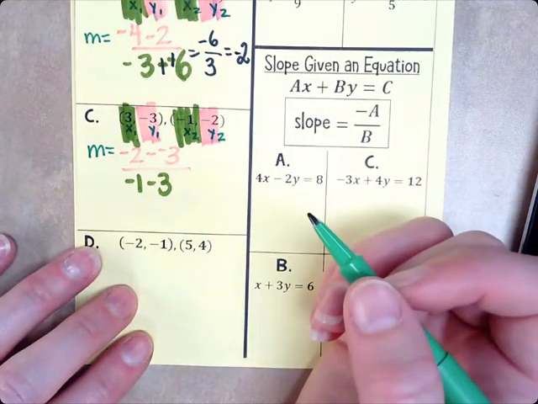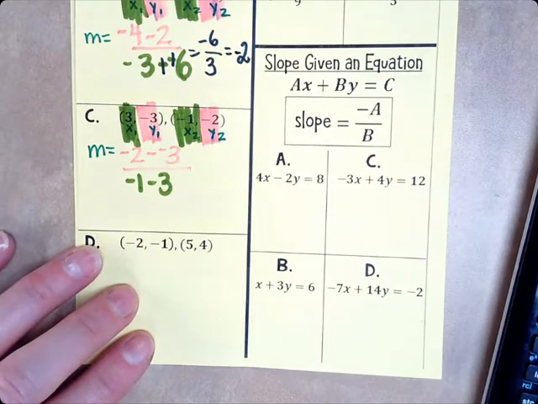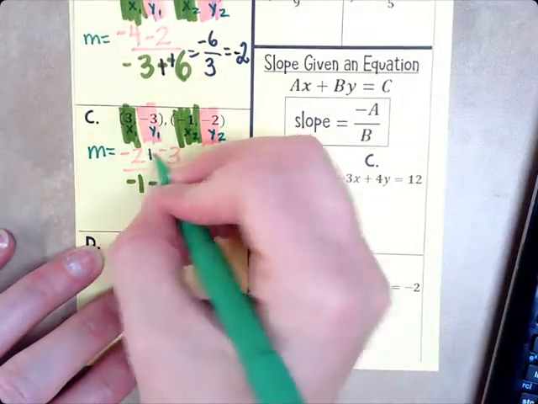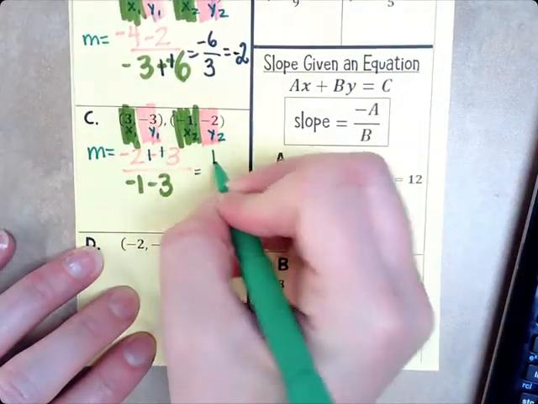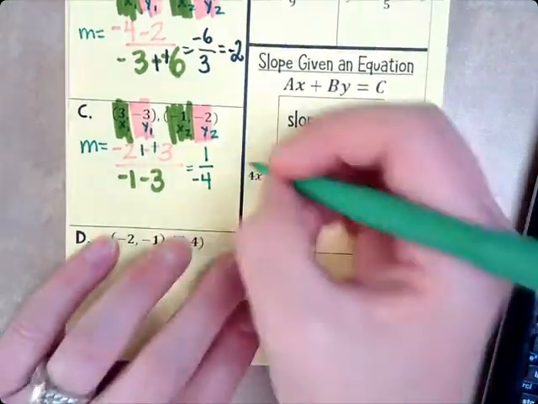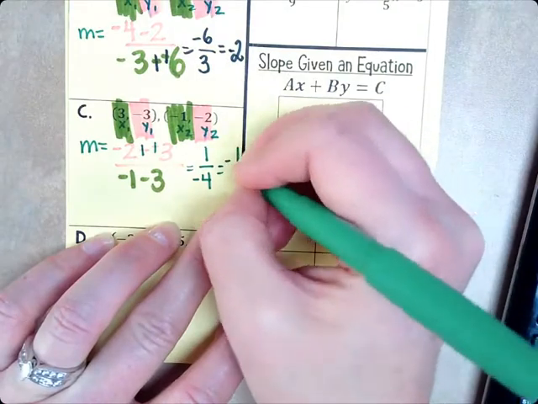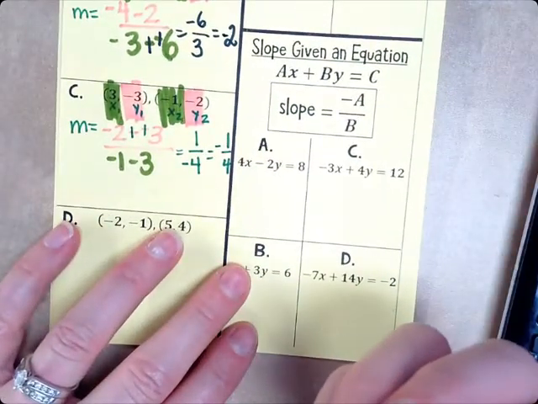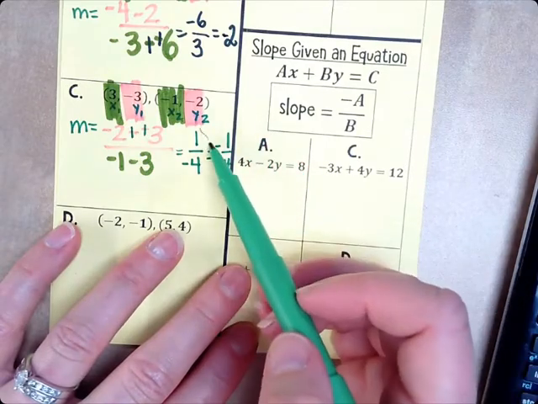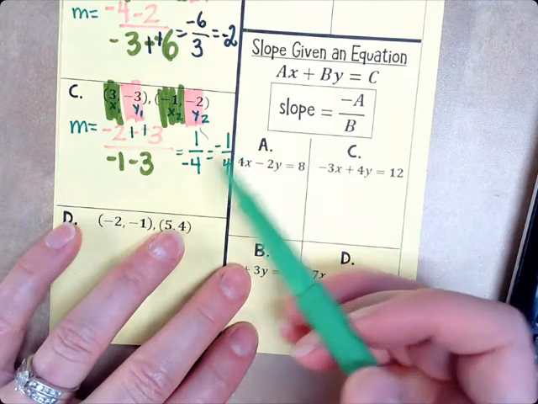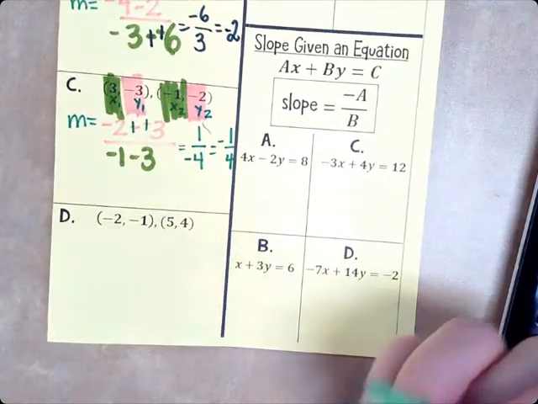Put that in the calculator or work it out by hand. Whenever I worked it out by hand, I got a +1 over a -4, which I can just pull the negative out front, and it's -1 over 4.